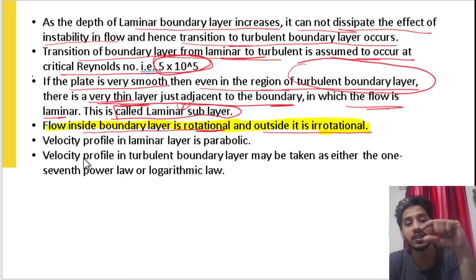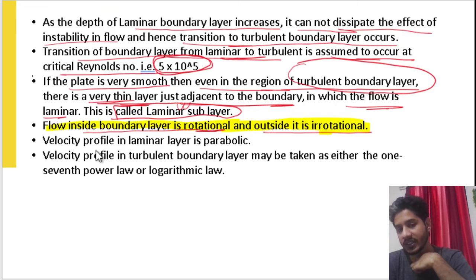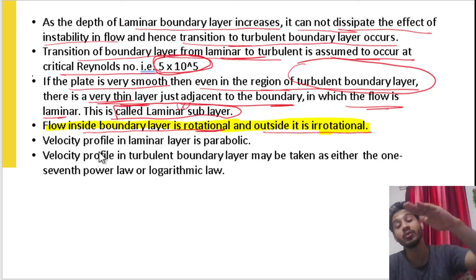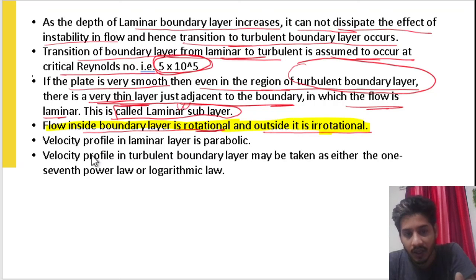Due to this, the fluid experiences a rotational motion with respect to its own axis. But for the fluid outside the boundary layer, there is free stream velocity, no velocity gradient, and no shear stress acting. So the fluid is irrotational.